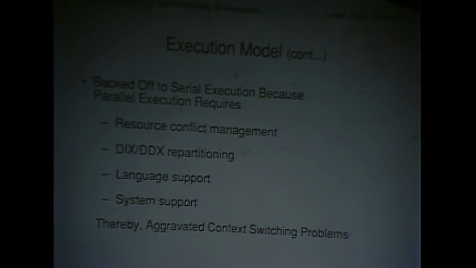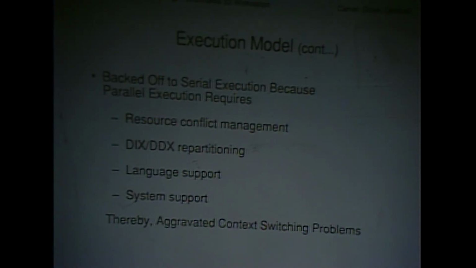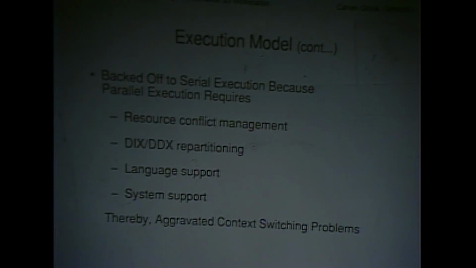The result of this investigation was that we backed off to a serial execution model. The reason we did that is because the parallel execution model primarily required resource conflict management. It would impact the DDX and DIX partitioning. It probably would require language support and system support in order to accomplish that.